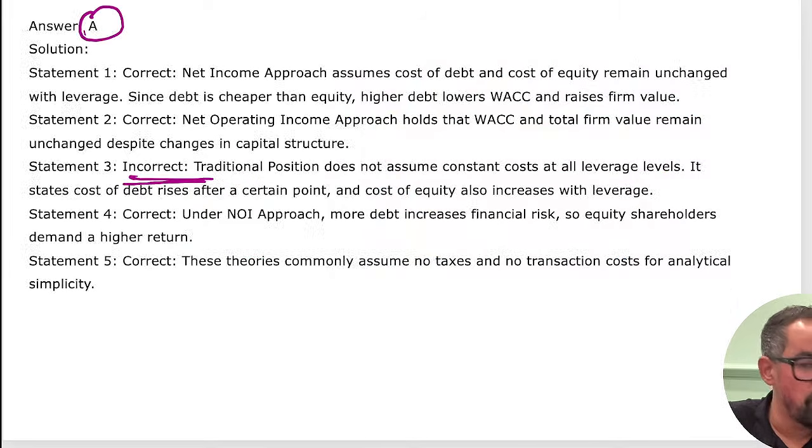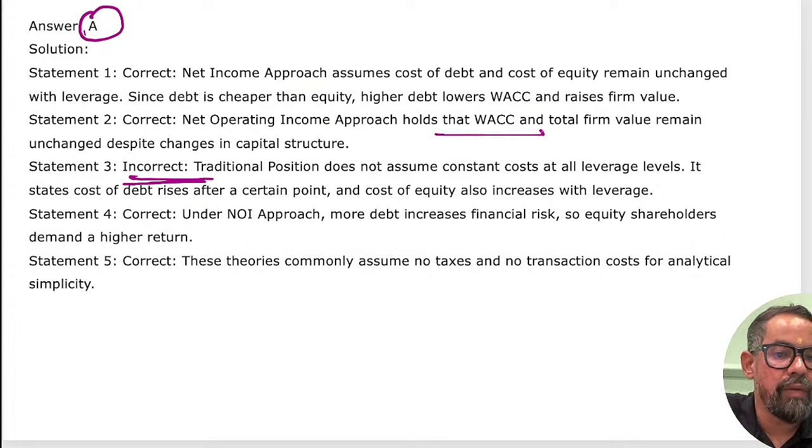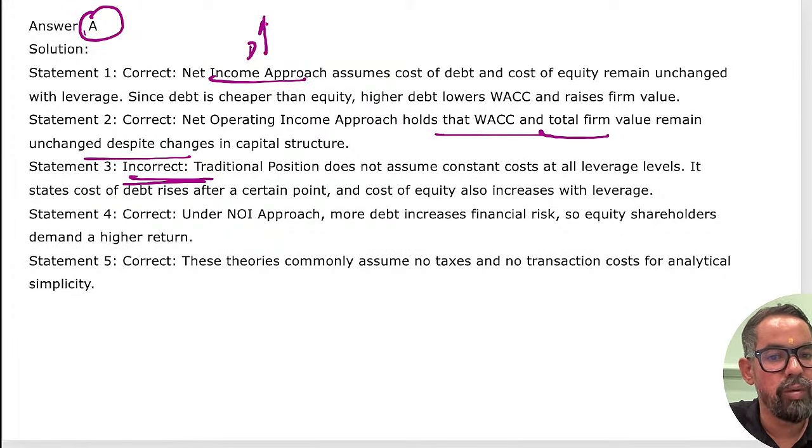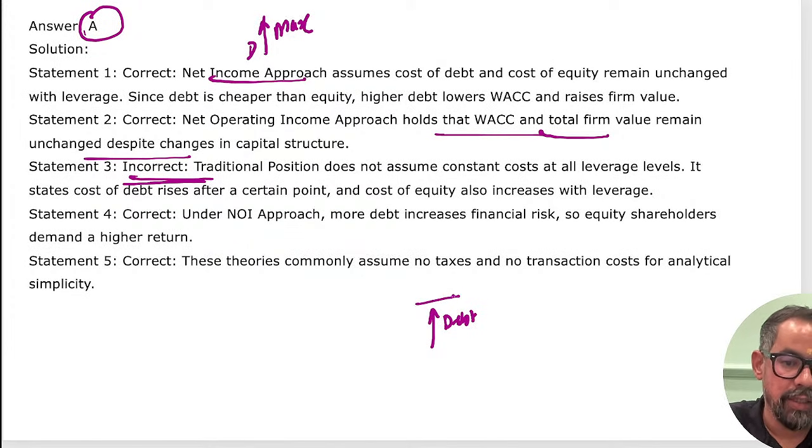So option number 2 is absolutely right. Net operating income approach holds that the weighted average cost of capital and total firm's value remain unchanged. Like the first theory was your net income approach, where they said that debt portion should be maximum. The other theory, the traditional theory, said that debt portion should be higher than equity but till some extent.